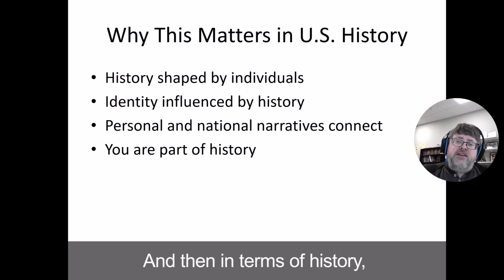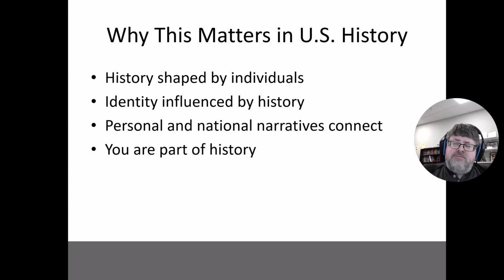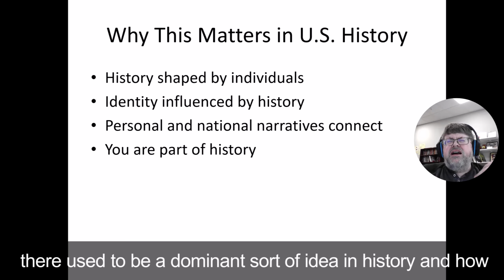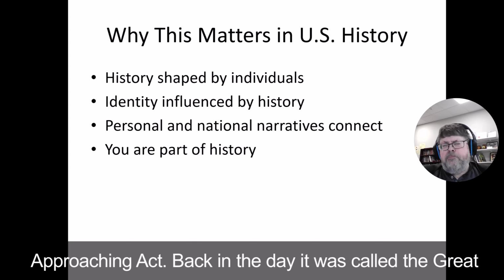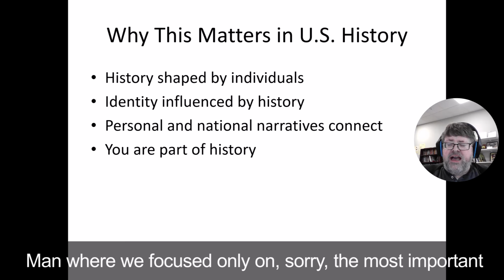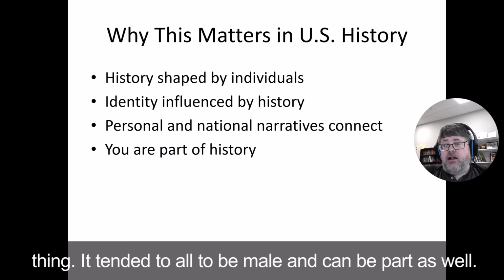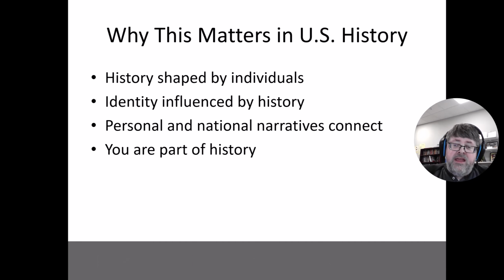And then in terms of history, there used to be a dominant idea in how history was taught, what's called the great person approach. And back in the day, it was called the great man approach, where we focused only on the most important figures, which tended all to be male and tended to be white for the most part as well.